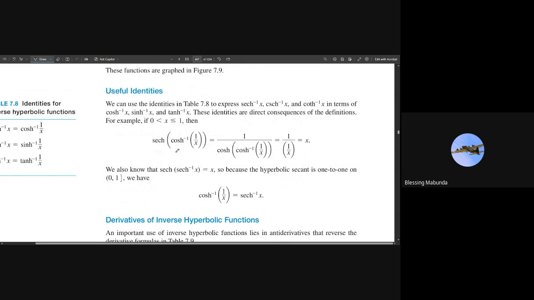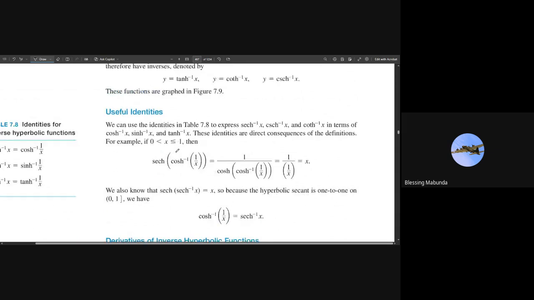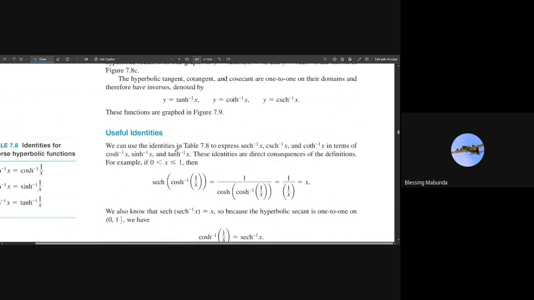For this part here, what you need to understand is that the sec of cosh inverse of 1 over x, you can also do this here and get back to x.